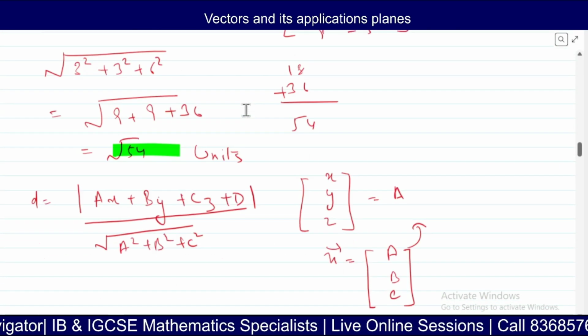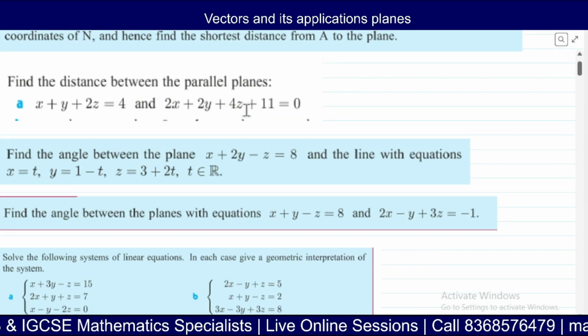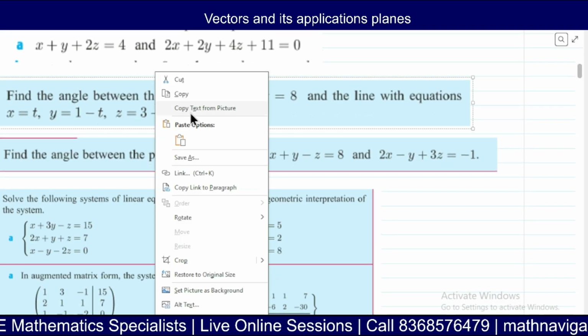Let's do the question and then you will be able to understand how it is done. Let's take this.